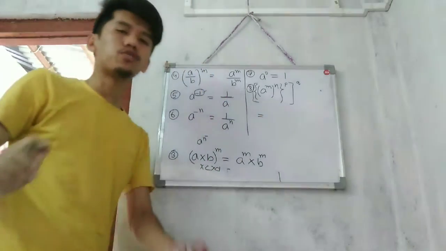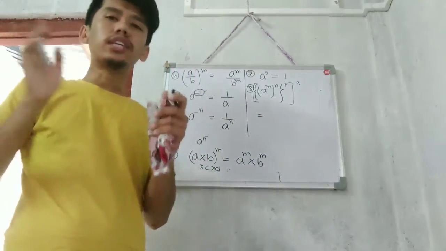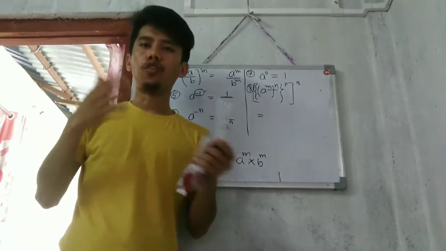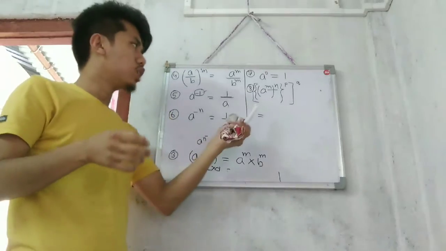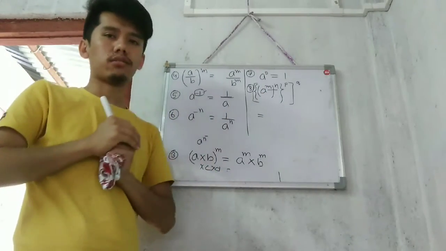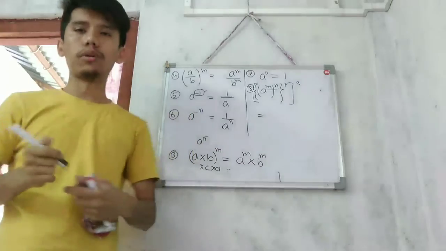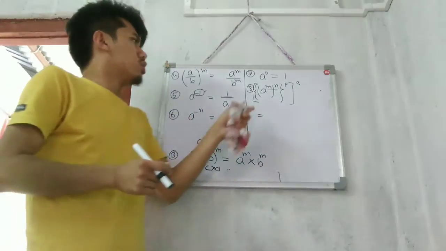If you just follow your book, you'll just get m and n. In your book, you'll get A to the power m whole to the power n, up to here only. But I'm giving here up to the q power. So the formula is the same.